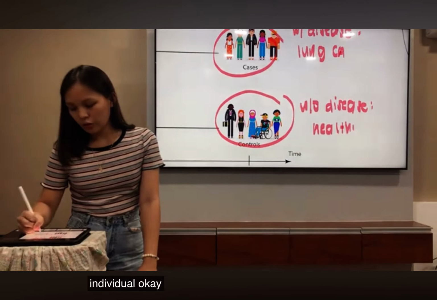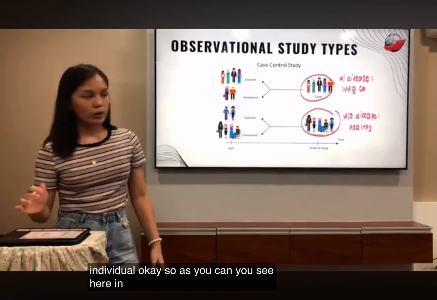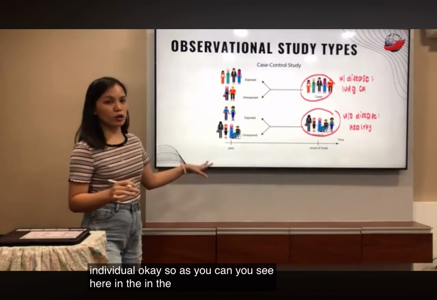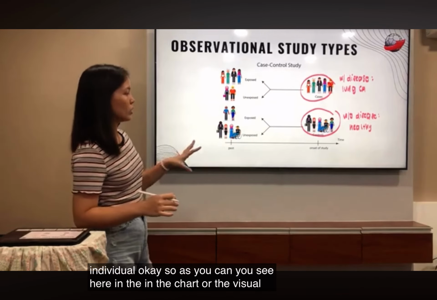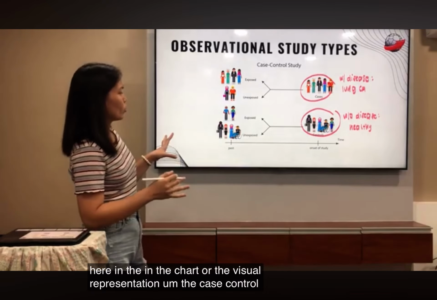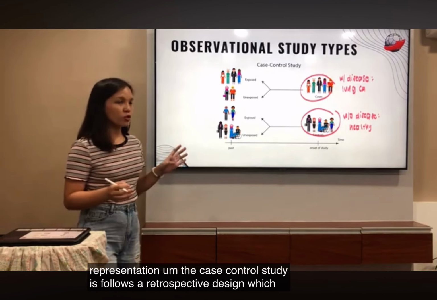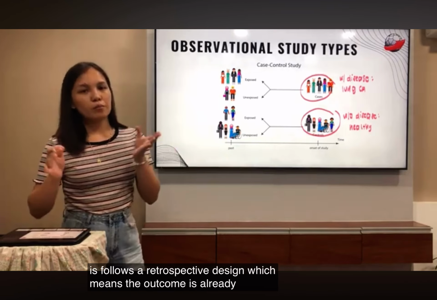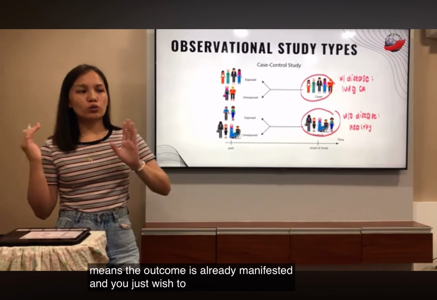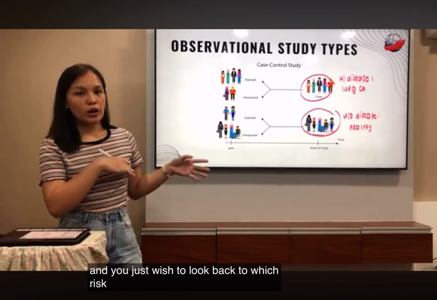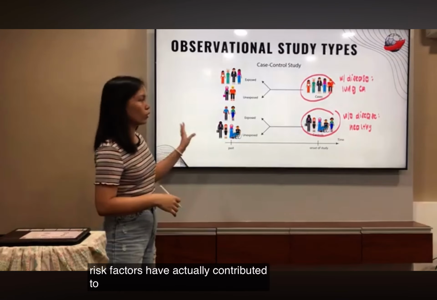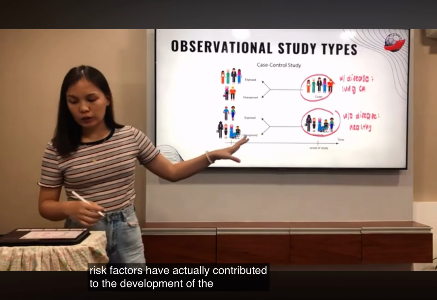Okay. So as you can see here in the chart, the case control study follows a retrospective design, which means the outcome is already manifested and you just wish to look back to see which risk factors have actually contributed to the development of the outcome.